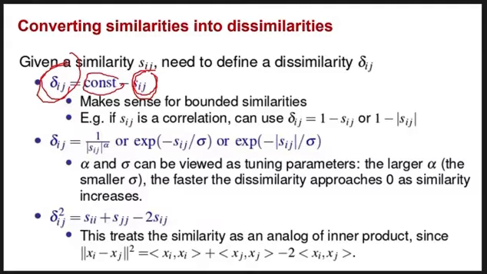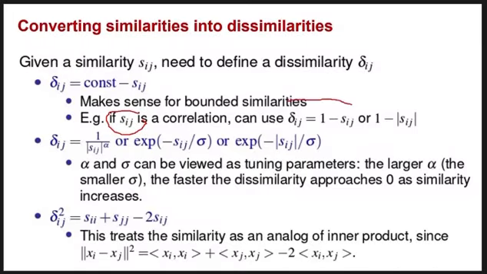Please pay attention. Let's say, for instance, I'm talking about correlation now. If Sij is a correlation between objects, when the correlation between two objects is very high, then they are very close. They are similar. They will be more similar when the correlation is very high. Take a look at this.